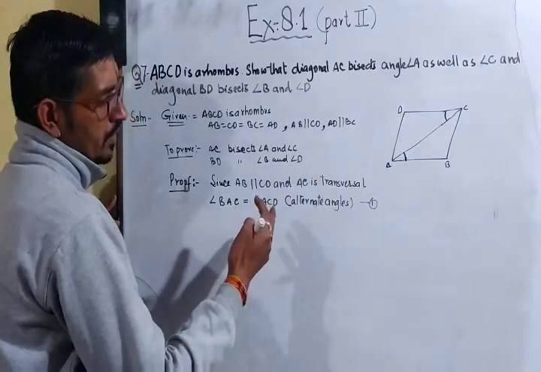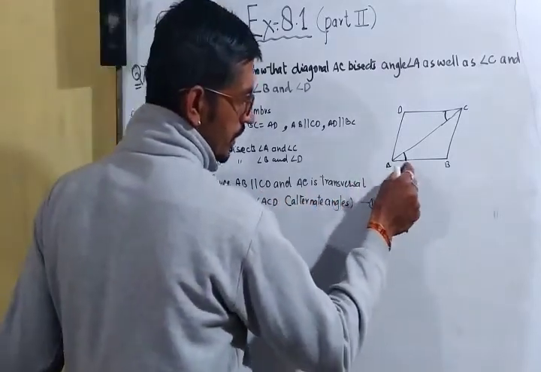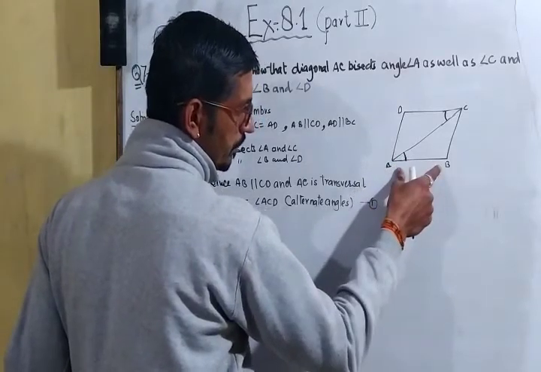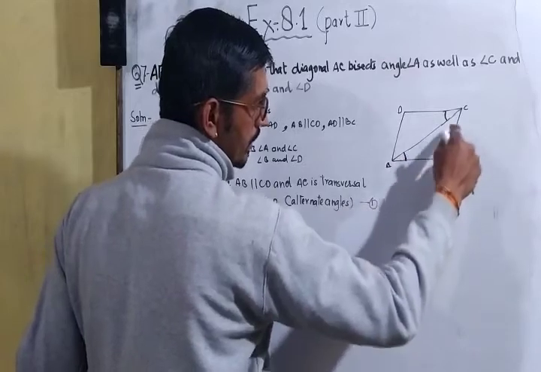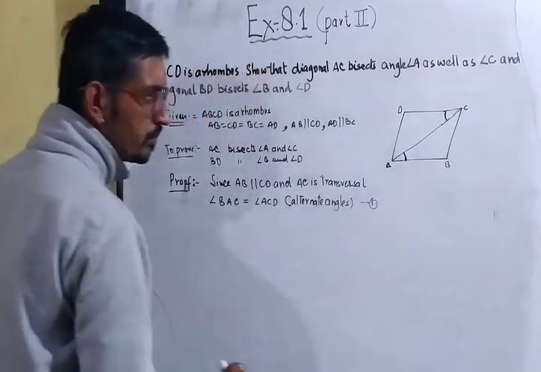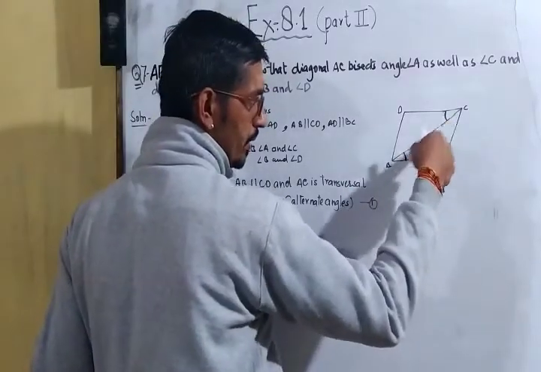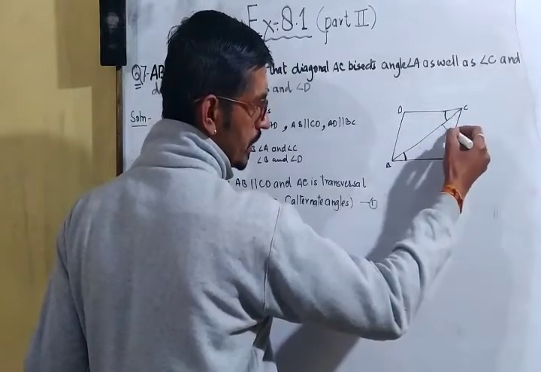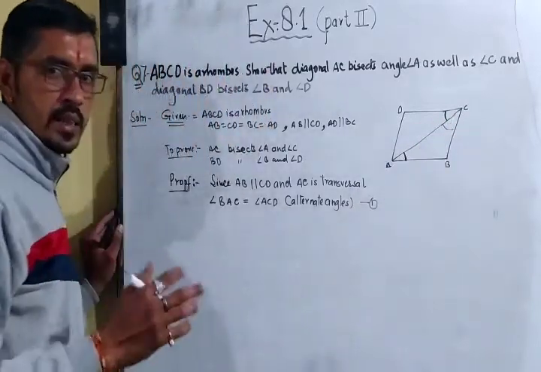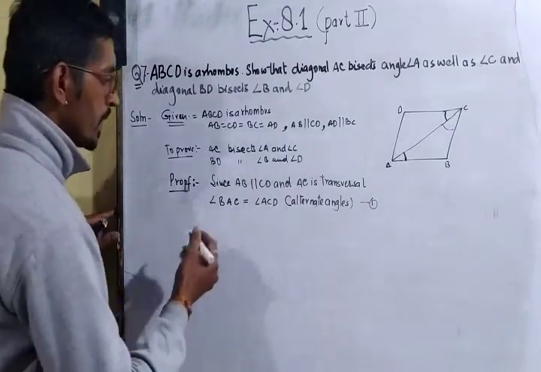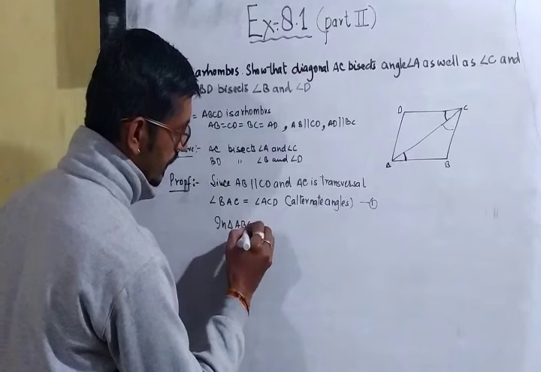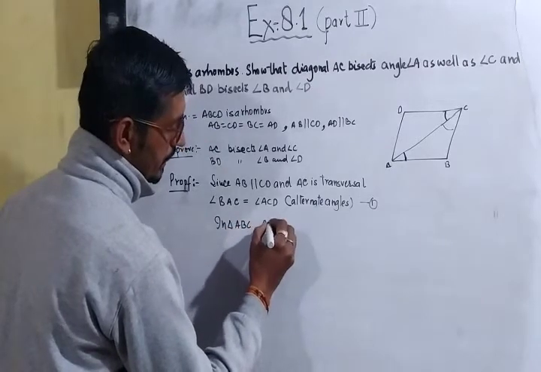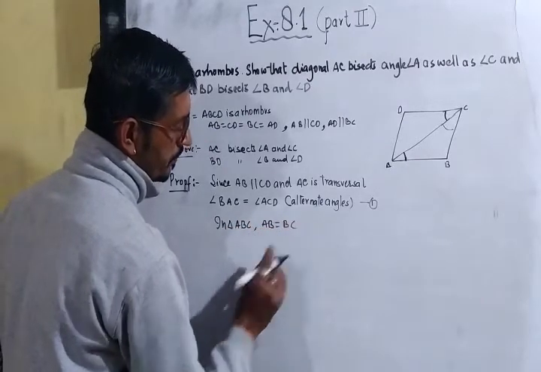Now we know that the sides AB and BC of triangle ABC are equal to each other. So what will the angles below them be? They will be equal. This angle will be equal to this angle by the isosceles triangle property. Okay. So now in triangle ABC, AB is equal to BC.